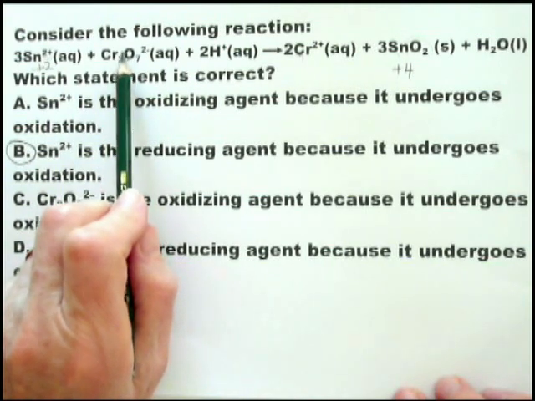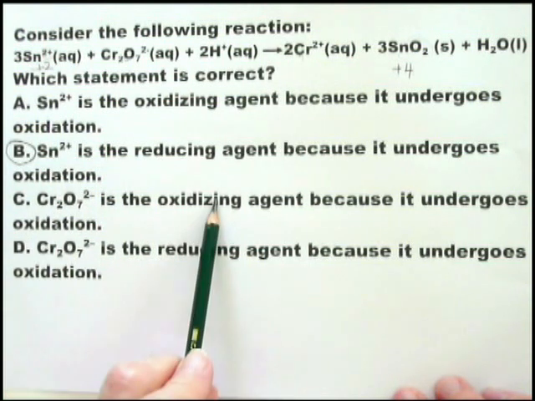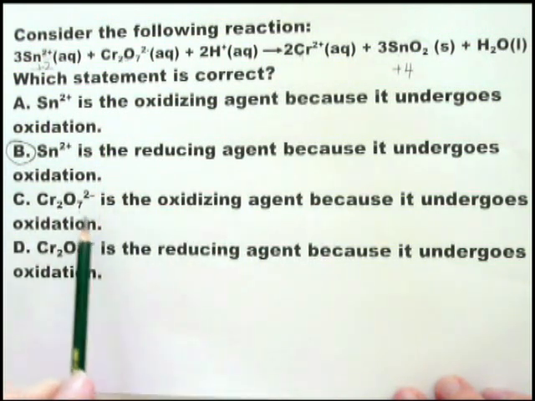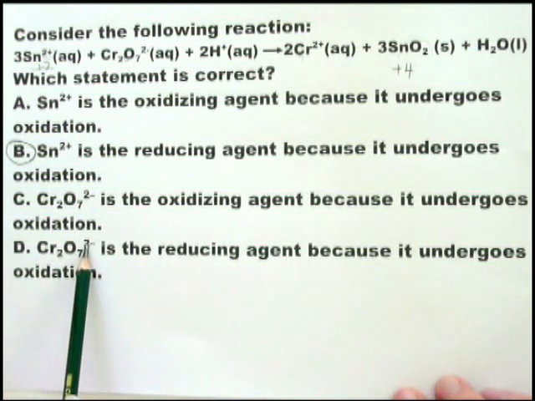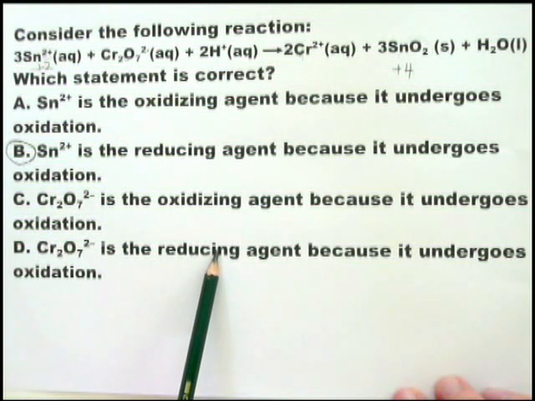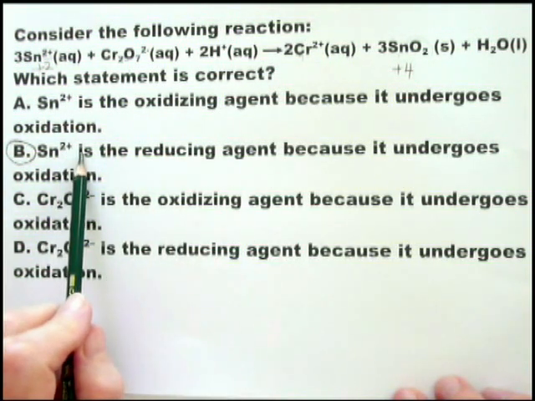You just have to know that that is reduced to that. So Cr2O7 2- is an oxidizing agent, but it doesn't undergo oxidation. And Cr2O7 2- is a reducing agent. No, definitely not. So B, we come back to B is the only correct one.